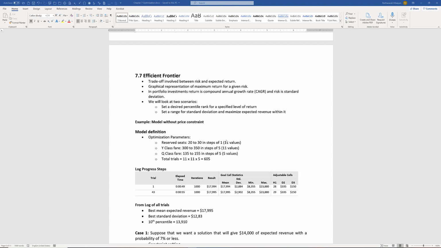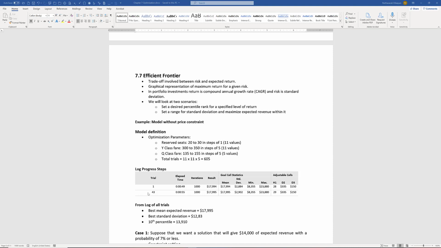We had 11 different values for reserved seats going from 20 to 30 in steps of 1, then 11 different values for Y class fare going from 300 to 350 in steps of 5, and then 5 different values for Q class fare going from 135 to 155. And that gave us 605 different trials to look at.